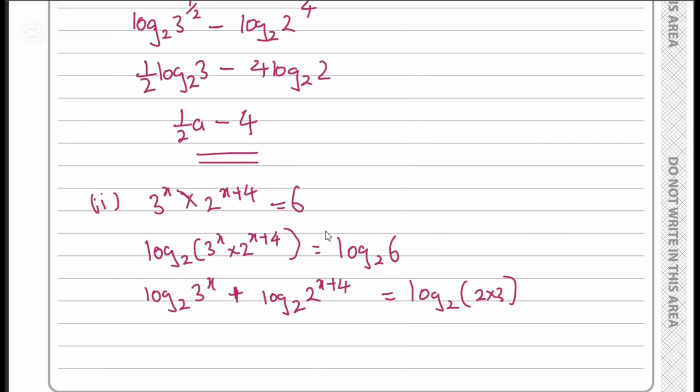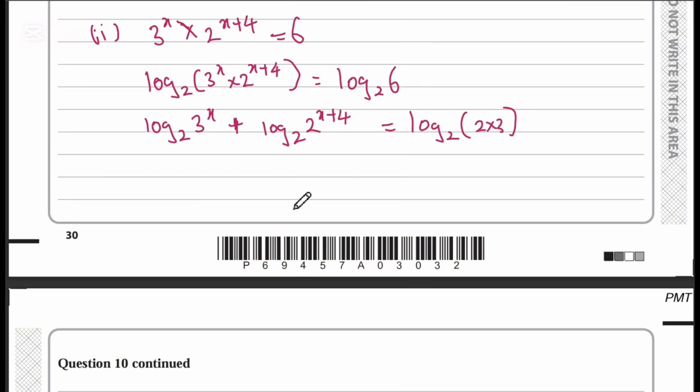Now the x power over here I'd be taking to the front, and this x plus 4 I'd be taking to the front. So when x comes to the front, it would be x log to the base 2 of 3 plus x plus 4 log to the base 2 of 2 equals, this one I can write separately.